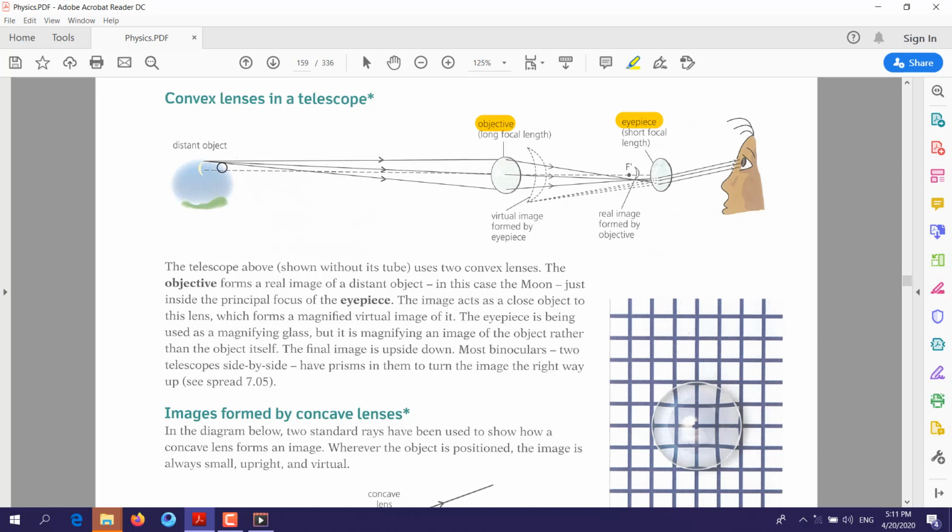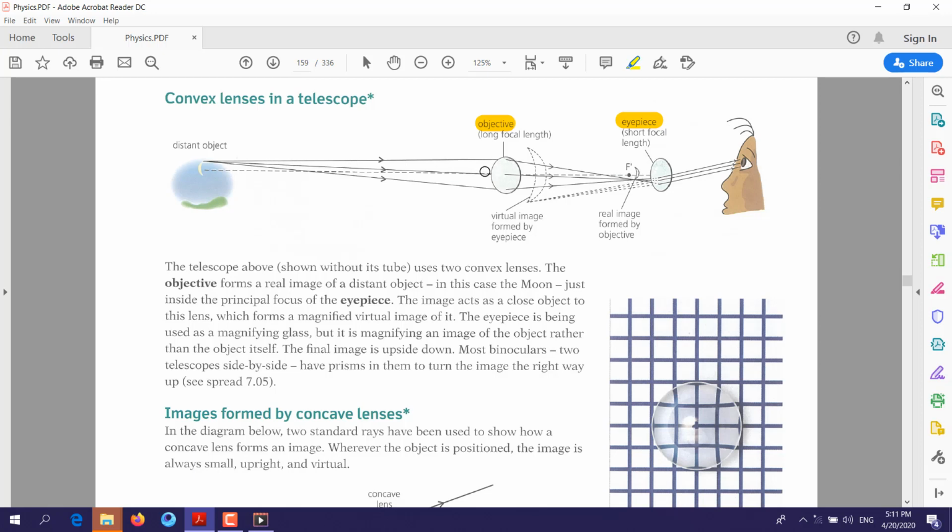Now, how do the two lenses work? When the light from a distant object passes through the first lens, which is the objective lens, what will happen? It will make an image of the distant object, where? Behind the principal focus of the eyepiece. Okay?